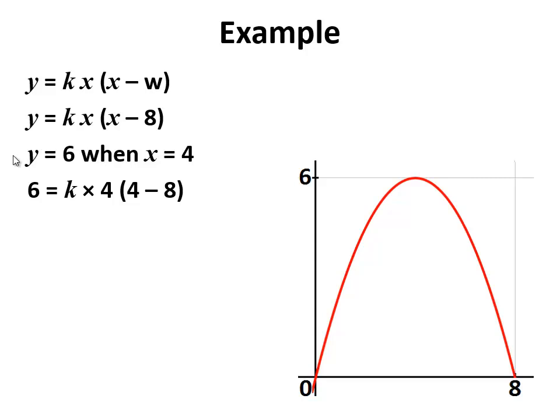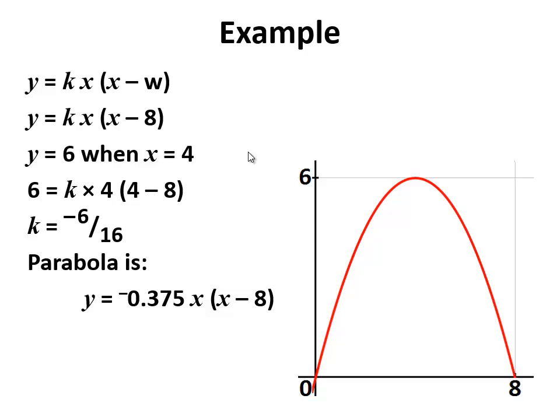So y is 6 when x is 4. We substitute that in. That gives us k is 6 over -16. That's the sort of result you'll often get. It's not always going to be a nice whole round number. Putting the negative to the top makes it -6 over 16.